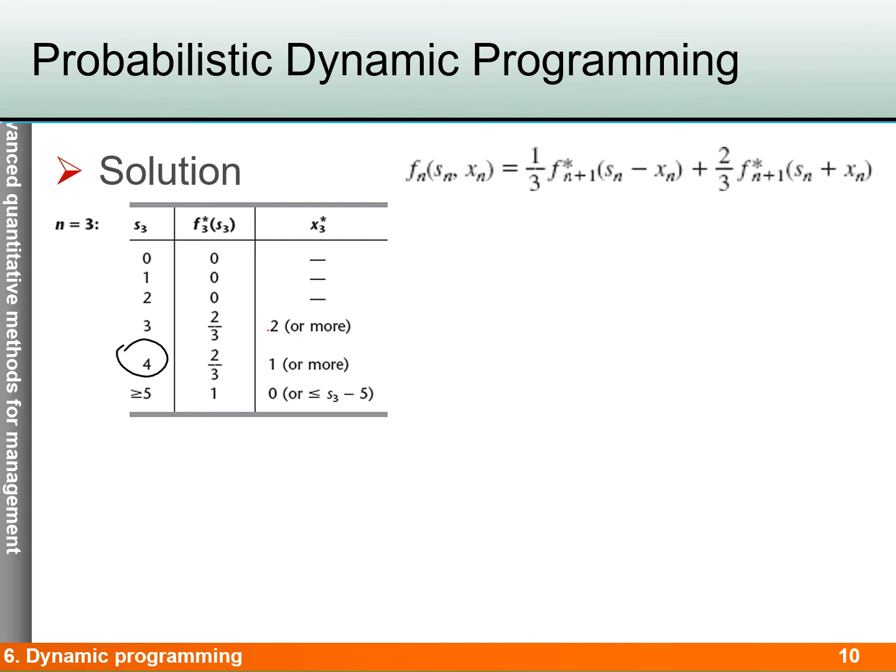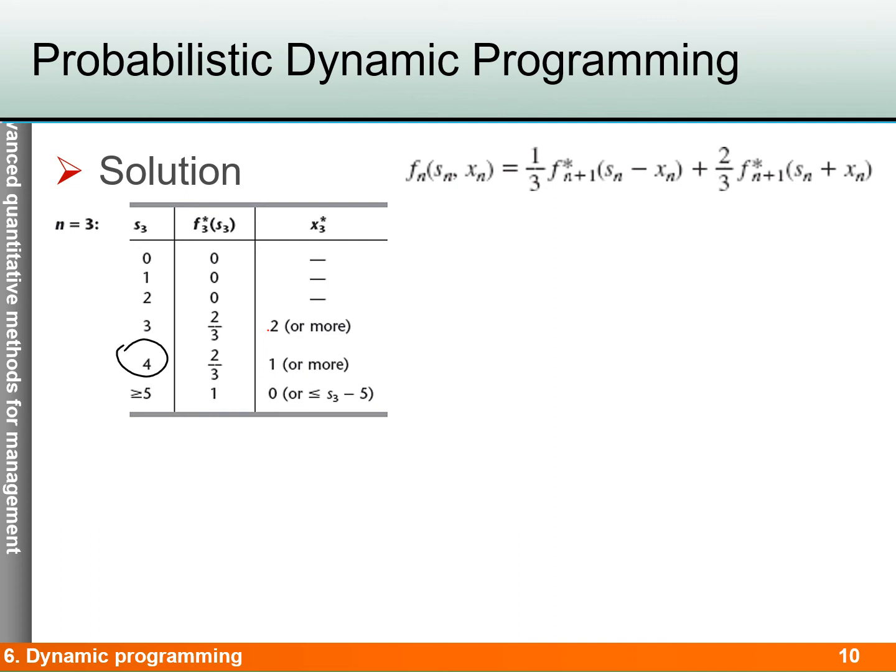If I bet one chip that I have on hand and win it, I will have at least 5. And what is the meaning of that? The meaning of that is I'm already a winner. But obviously, if I bet more than 1, that is 2, 3, or 4, it means that I will have more than 5 and I'm already a winner again.